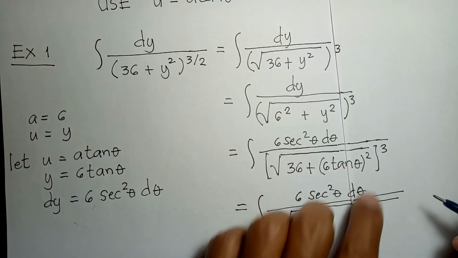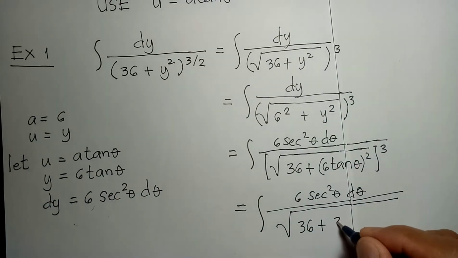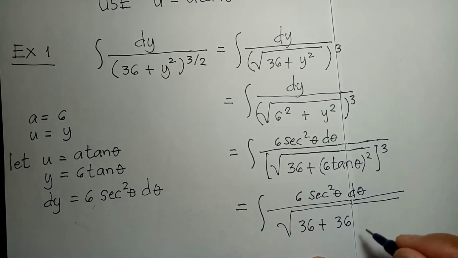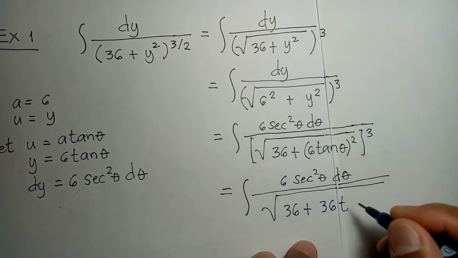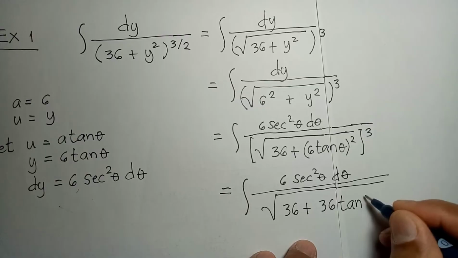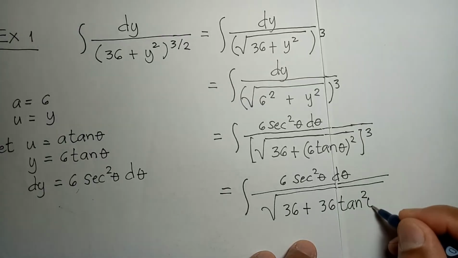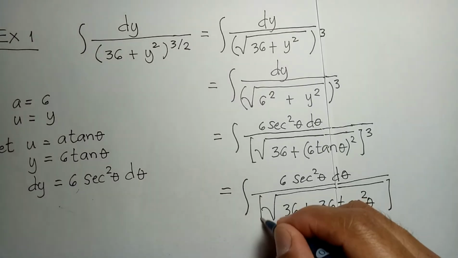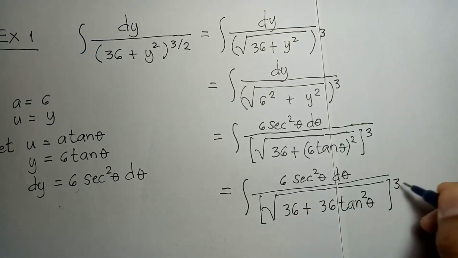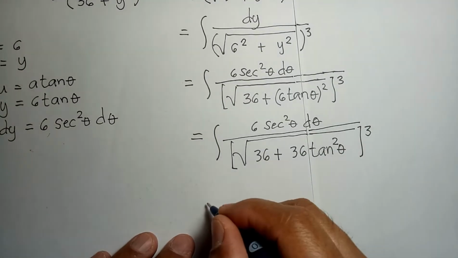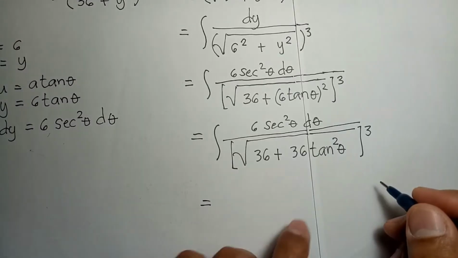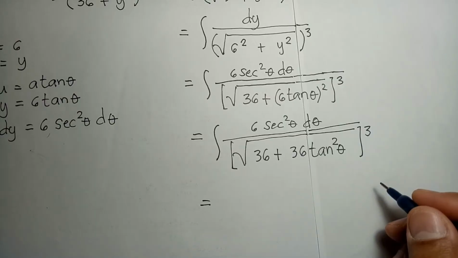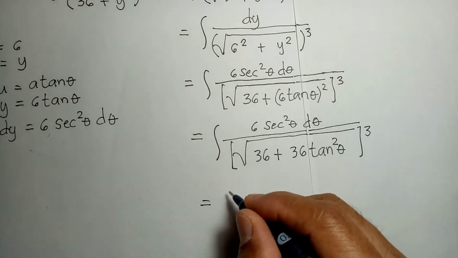So, 6 squared ay 36 din. Tapos, tangent squared. Tapos, huwag kakalimutan, naka-raise to sa 3. Okay? So, equals. So, dito, common factor yung 36. So, lalabas natin o ipa-factor out natin yung 36.